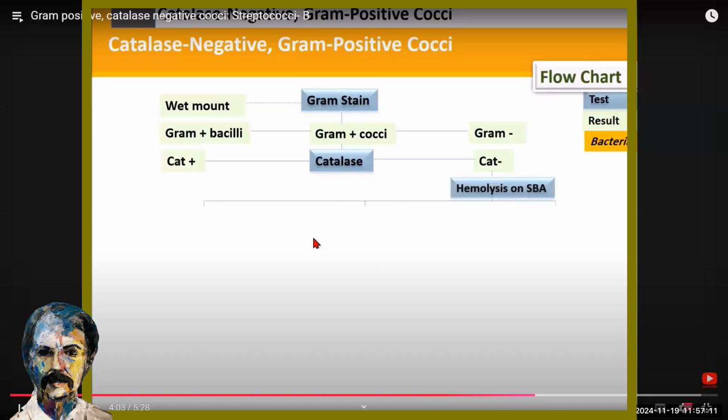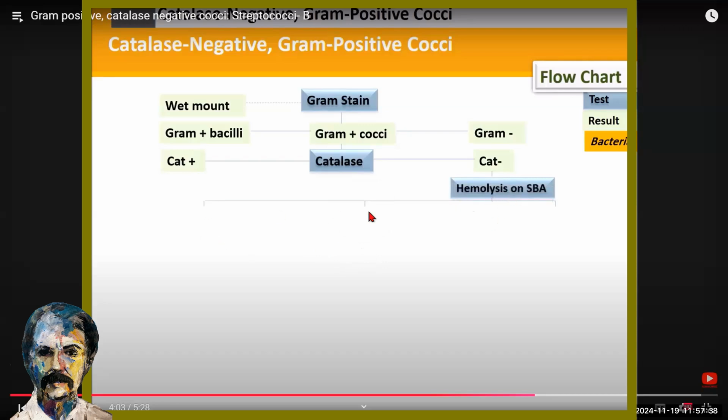Definitely we are dealing with Streptococci. If it's Strep, then you have to look at the hemolysis pattern, on sheep blood agar, of course. With sheep blood agar, you can get good results. With human blood, it's difficult to get clear hemolysis.